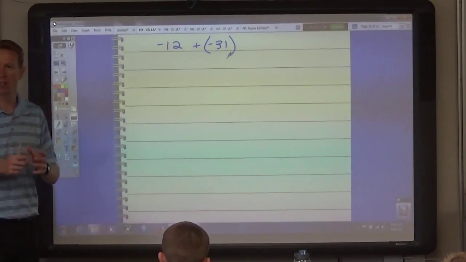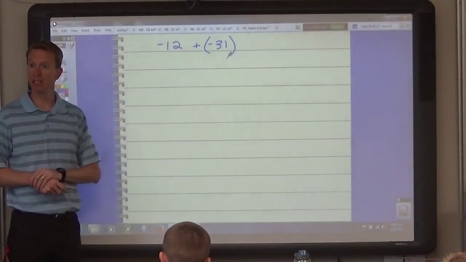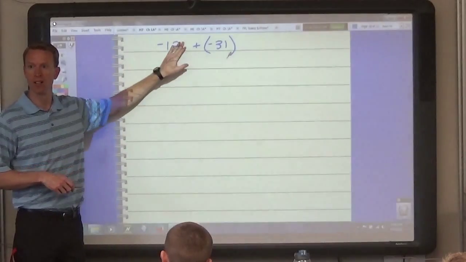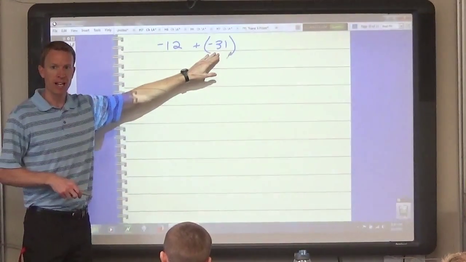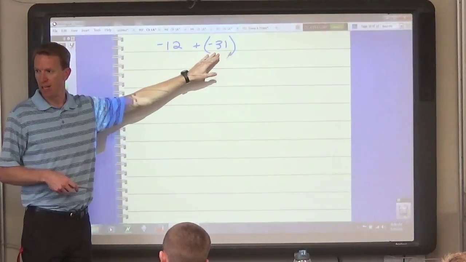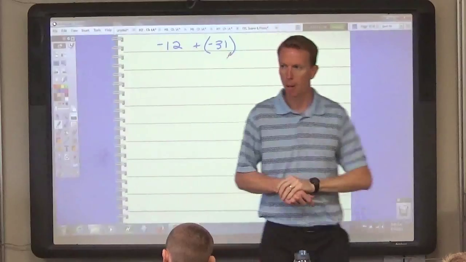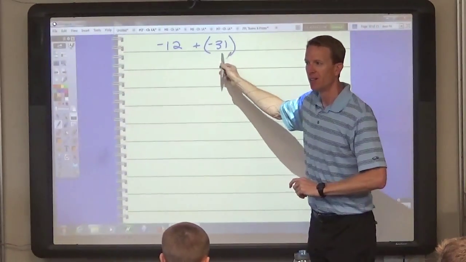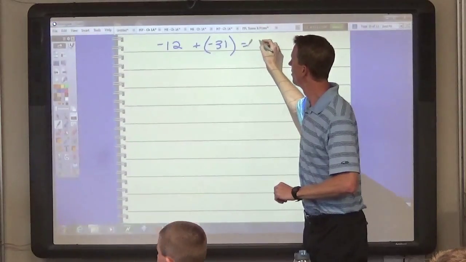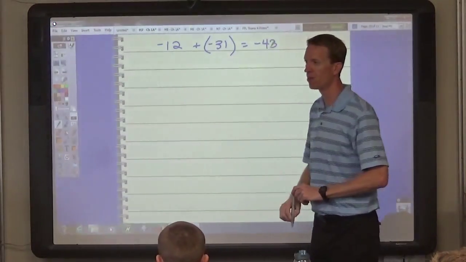Add them together or subtract the amounts? Add them together, because they're both negative. The answer is going to be more negative, isn't it? So what's the answer? Add these in your head. Asa? Negative 43. Right. Negative 43.